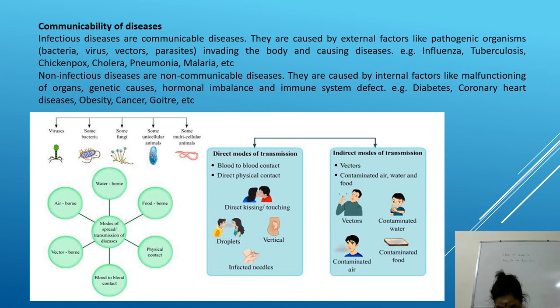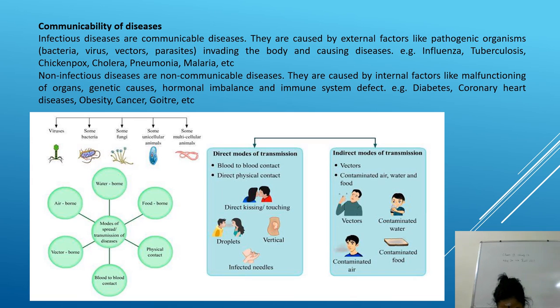So they are communicable. Such disease-causing microbes can spread through the air. This occurs through the little droplets thrown out by an infected person. The figure shows direct mode of transmission: an infected person who sneezes or coughs.